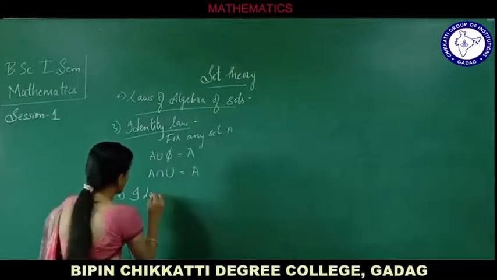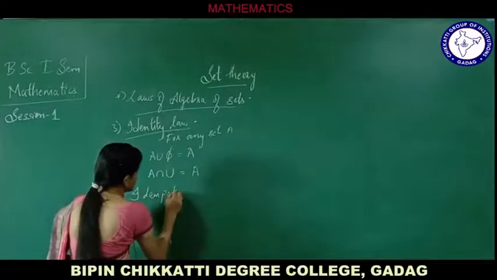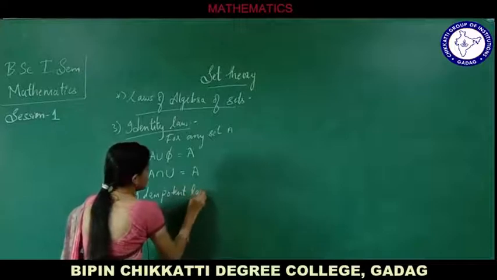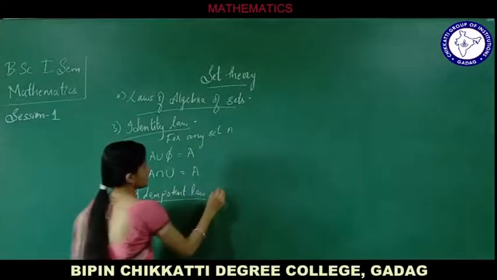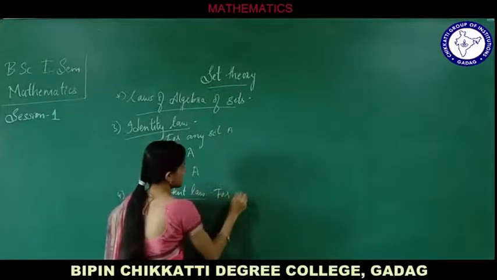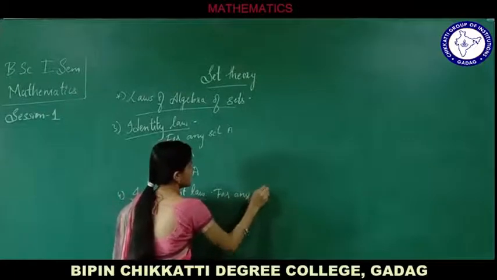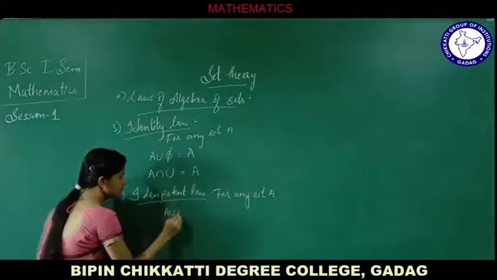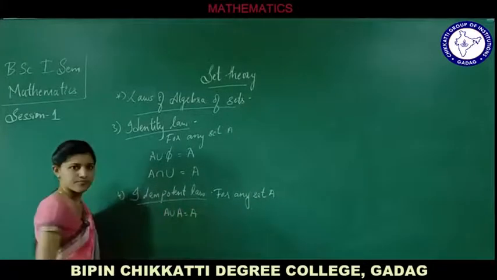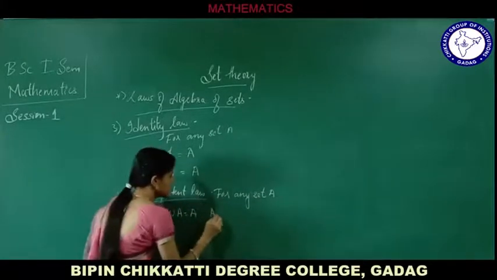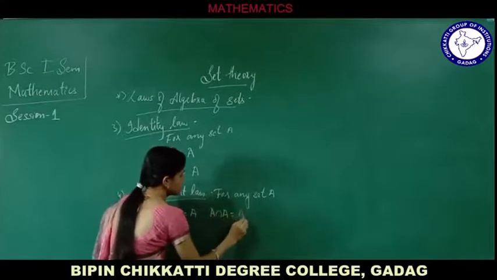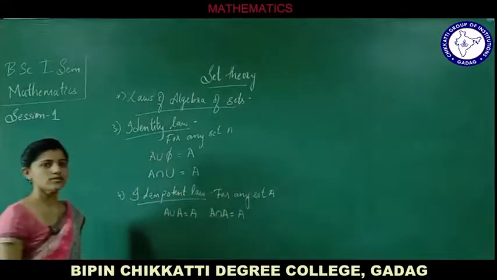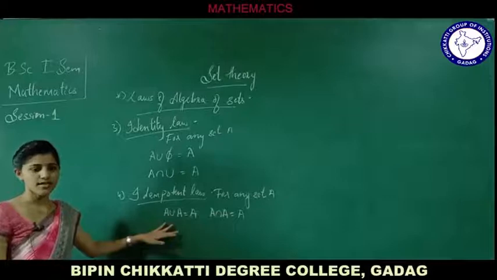For any set A, A union A will be again A, or A intersection A will be again equal to A. This law is called the idempotent law.